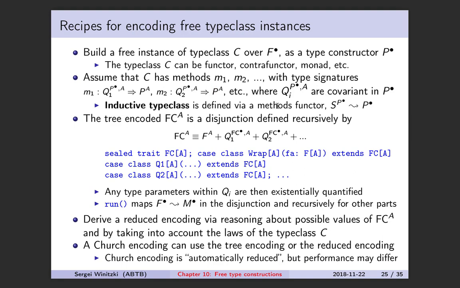If that is so, we can put all of these Q's together in a disjunction like this, call it S, and then this generic function will be a single value that represents all the methods of the type class at once. And then we call S the methods functor.